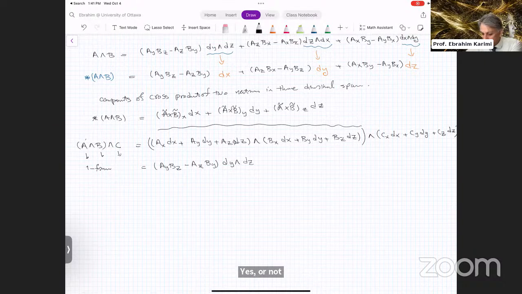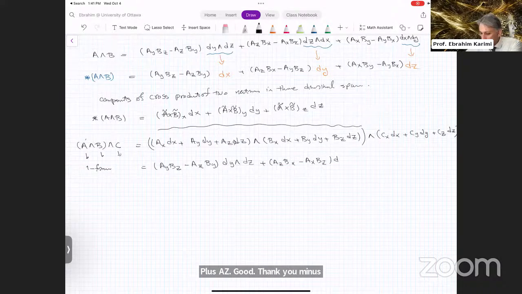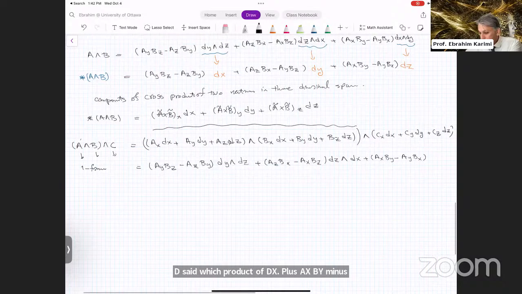Okay, I'm just writing down what we have just obtained, plus AzBx minus AxBz dz dx, plus AxBy minus AyBx dx dy.